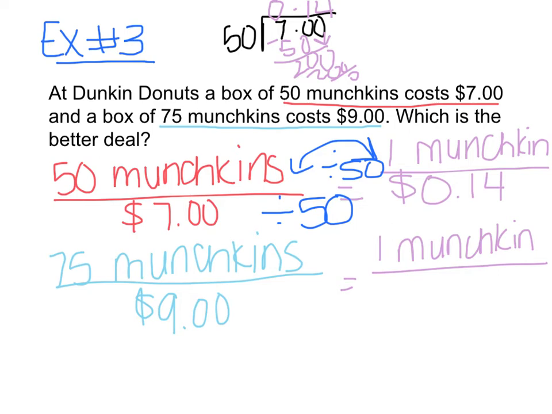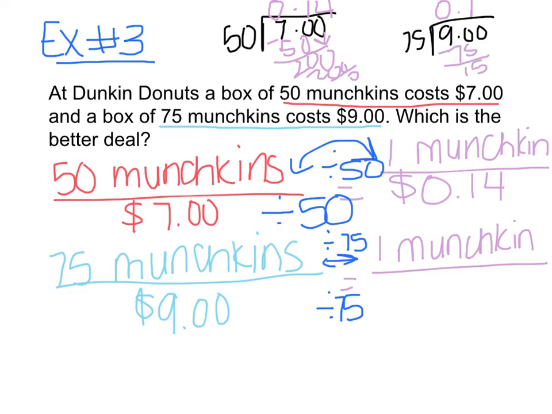So now let's look at our second option. To go from 75 Munchkins to 1, we're dividing by 75. So we have to divide the bottom by 75. So we have $9 divided by 75. Bring the decimal straight up. 75 can't go into 9, so we put a 0. 75 goes into 90 one time, with 15 left over.